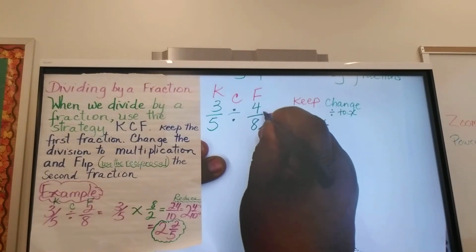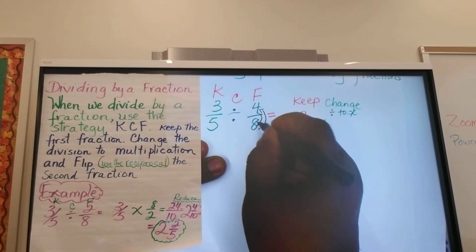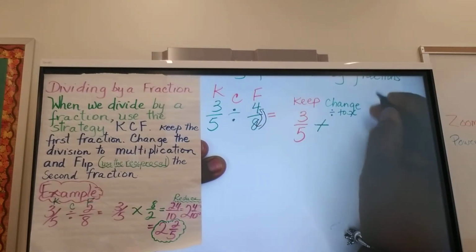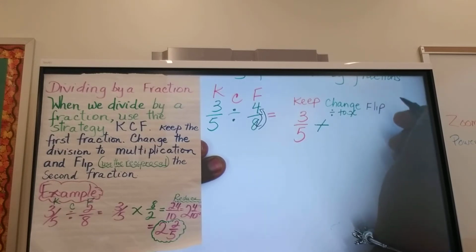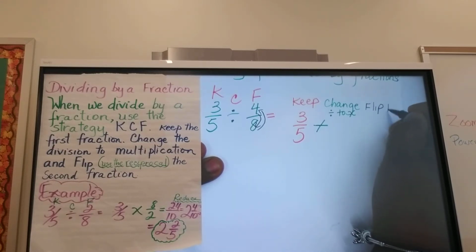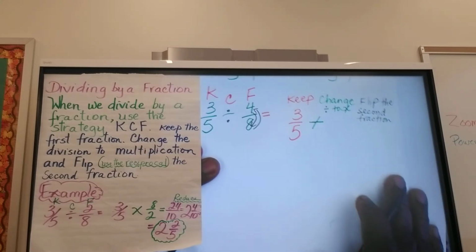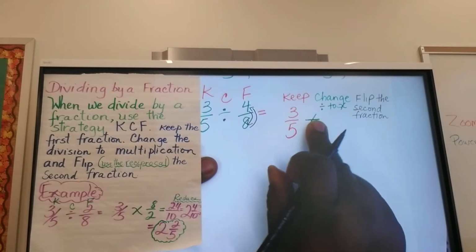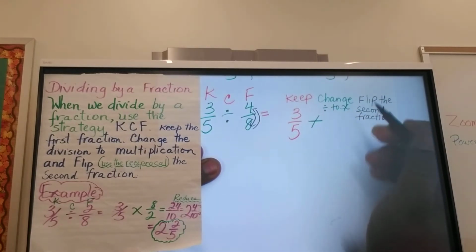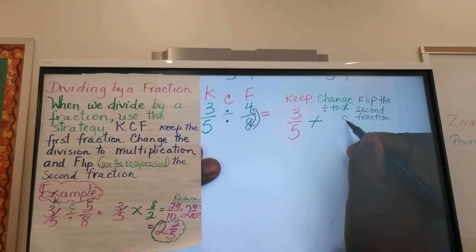So the bottom goes to the top, and the top comes to the bottom, and flip the second fraction. So that's our keep, change, flip. So 4/8 becomes 8/4.